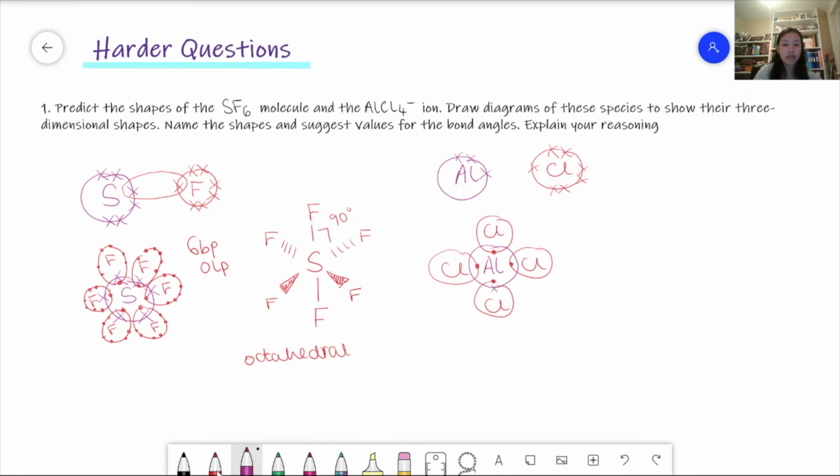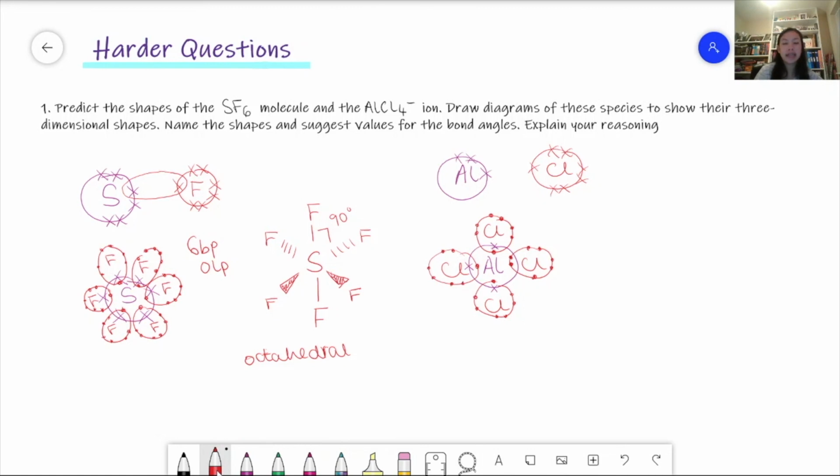and the aluminium also shares the 3 that it has. But then for one of the chlorines, both of the electrons have to come from the chlorine because aluminium has no more electrons to share. And then these still have 6 on the outside. This one has 5, and this one has 6, and this one also has 6.